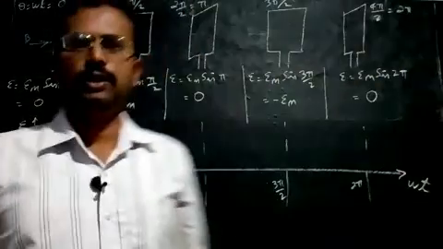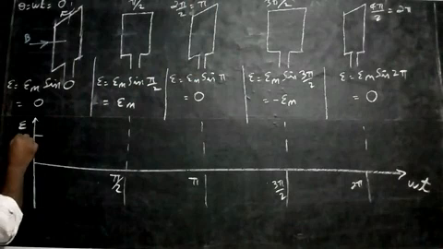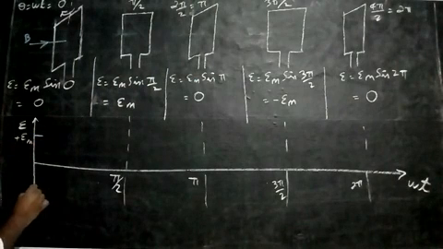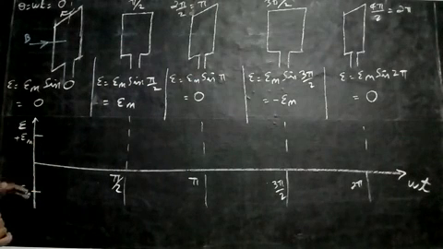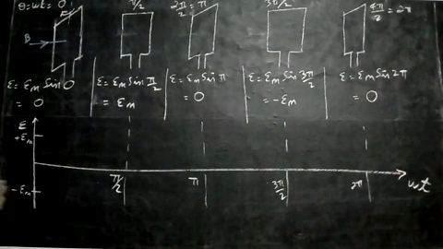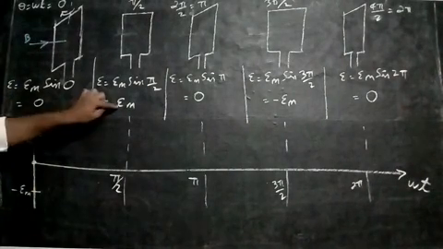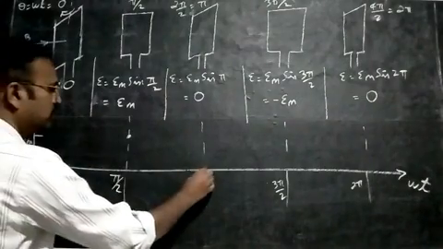Now let us see what the EMF produced will be. The EMF will vary from a maximum value, plus EM, to a minimum value, minus EM, so it varies between a positive and a negative quantity. The first one that we plotted was 0. The second one we had EM, the maximum value. The third we got 0.